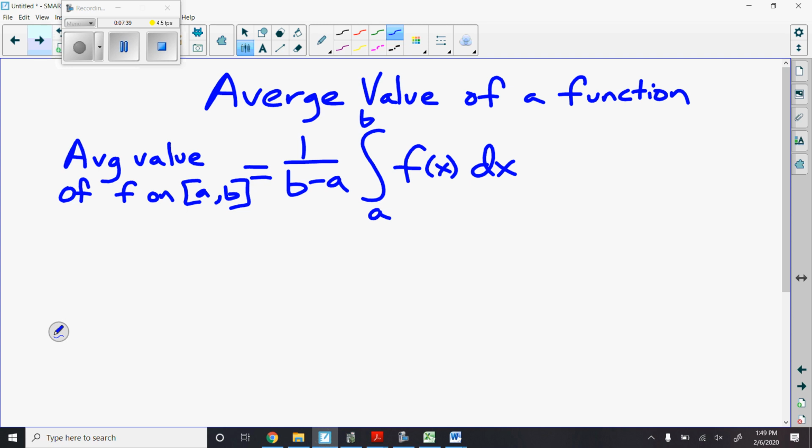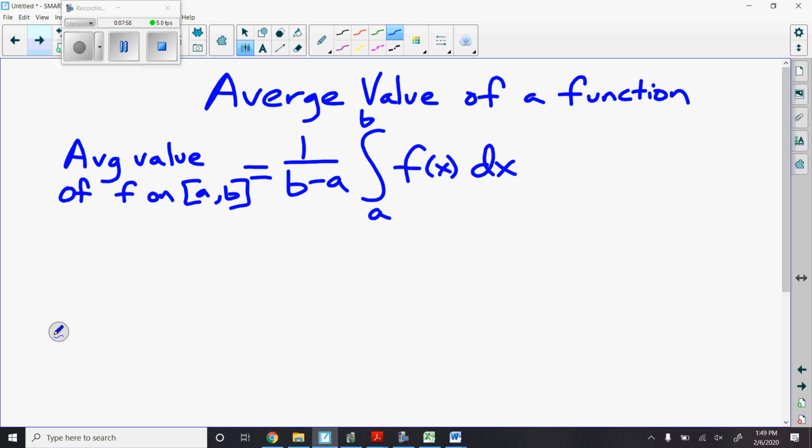So definite integrals are very helpful because they can help us calculate the average value of a function on a given interval, a, b. And we just do the definite integral from a to b of f of x dx, but we multiply that by the fraction 1 over b minus a.